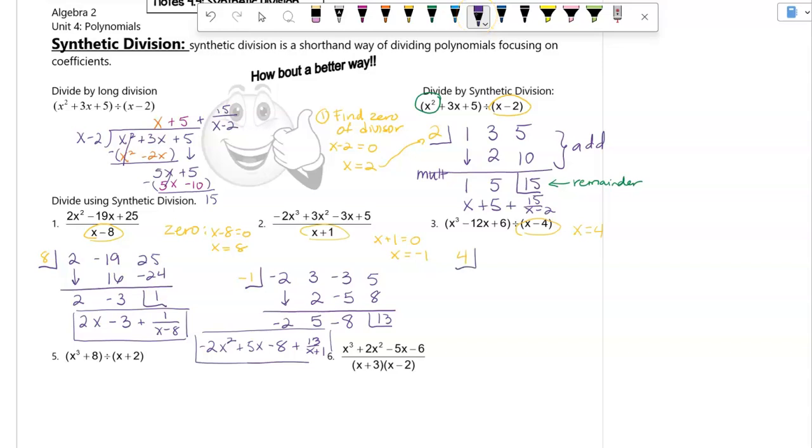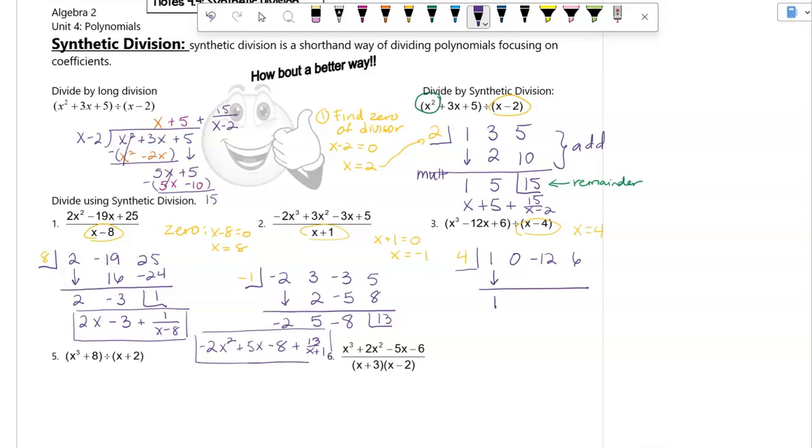And then if you look at that real carefully, that's a cubic, but it's only got 3 terms. So you got to watch out for a missing piece of information. So we have 1x cubed, we have no x squared, negative 12x, and 6. So if you don't put in that 0 placeholder, we're going to get a different answer and not the correct answer.